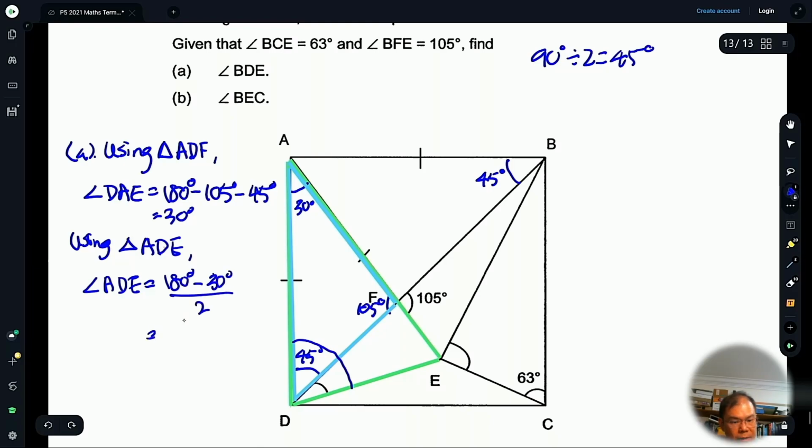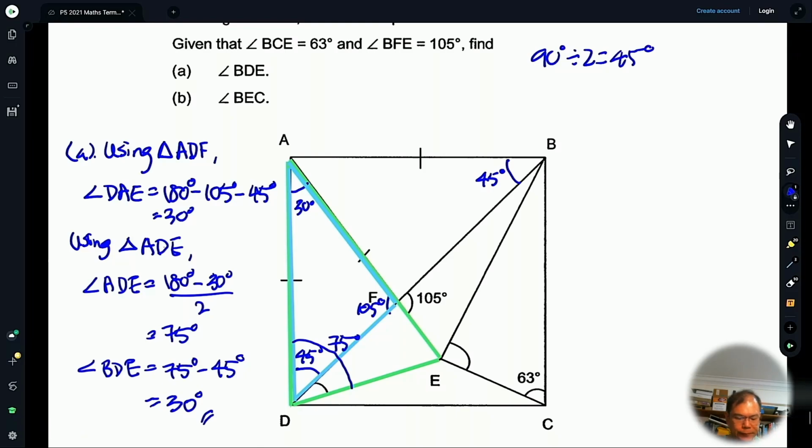So that would be 75 degrees. From there, angle BDE would just be 75 minus 45, and that will be 30 degrees. So this is 30 degrees.